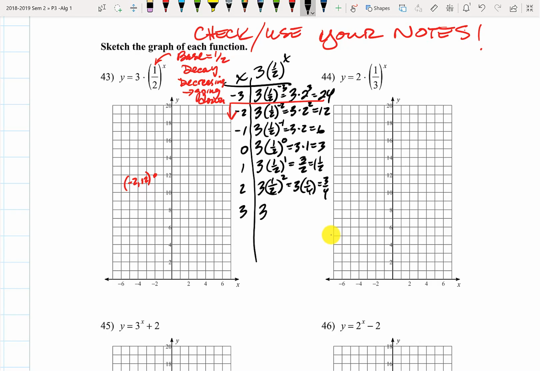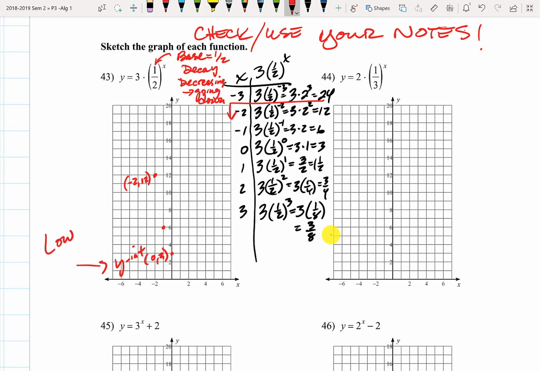And this is 3 times 1/2 to the third power, which means you have 3 times 1/8, which is 3/8. So when you graph these points, you graph -1 comma 6, which is here, and then 0 comma 3. It's called the y-intercept at 0 comma 3, which is a key point on this.